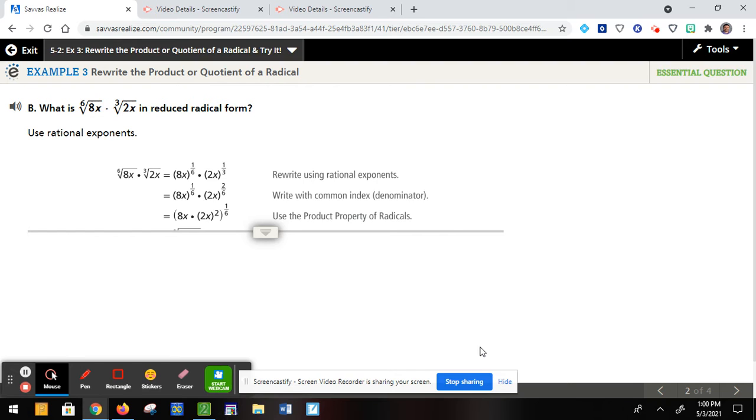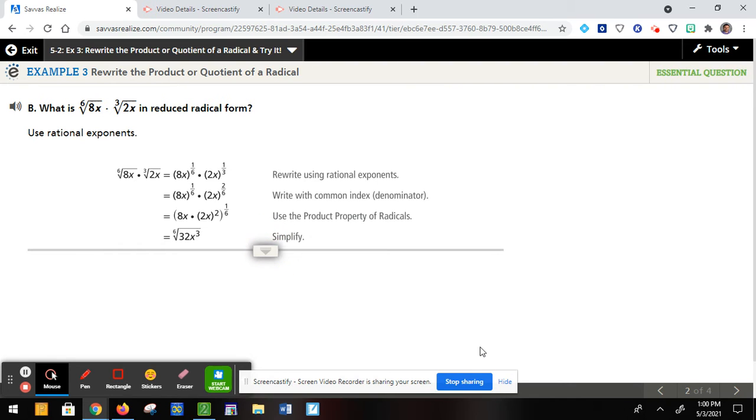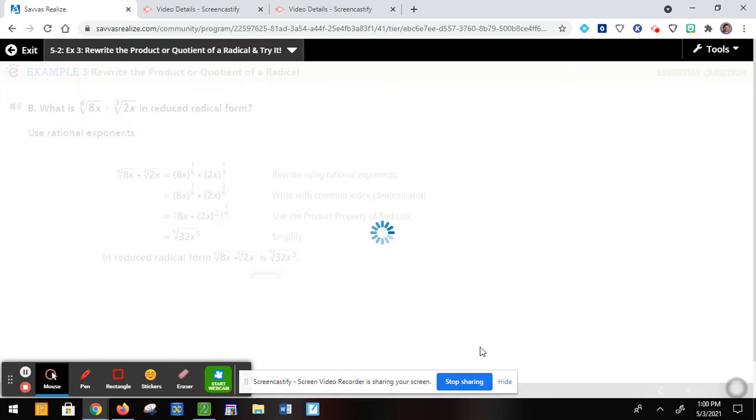That exponent of 1/6 now can apply to everything. 2x squared is going to be 4x squared, and then 4x squared times 8x is 32x cubed. And that's all going to be under the sixth root because 1/6 is the sixth root. So then you get sixth root of 32x cubed.